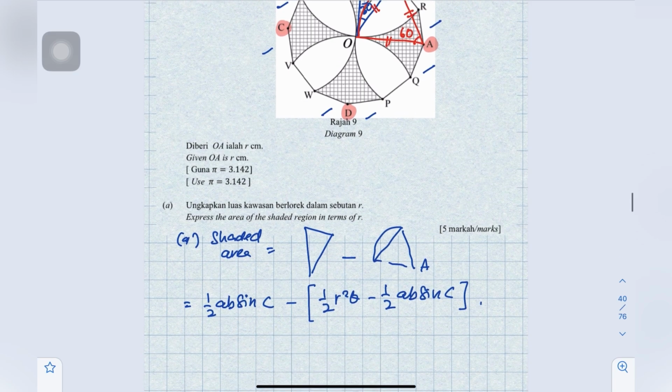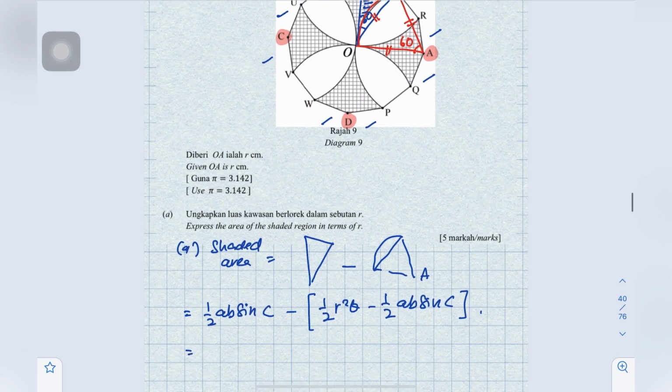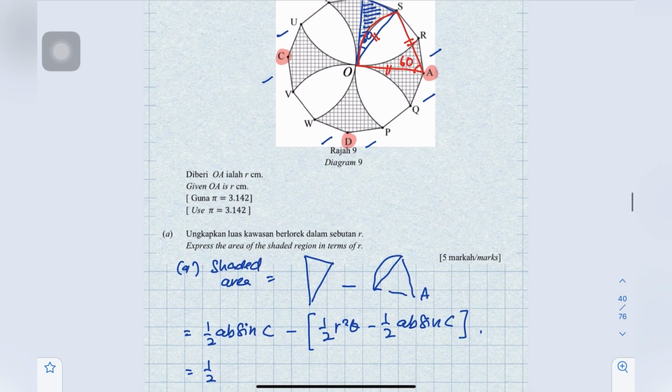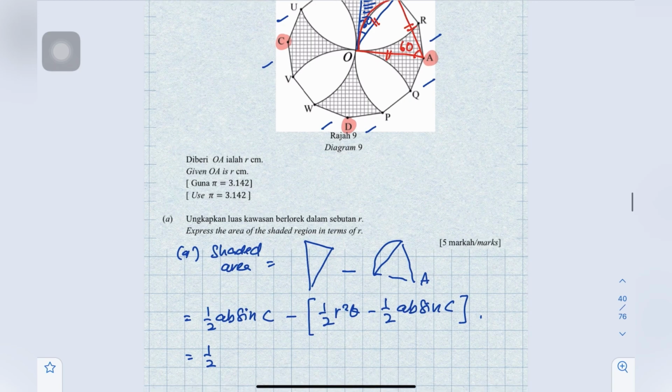Okay, so to find the area of the triangle, 1/2 OS, OB is r, all the same. So r squared sin 30, minus the area of the sector, 1/2 r squared theta in radians.